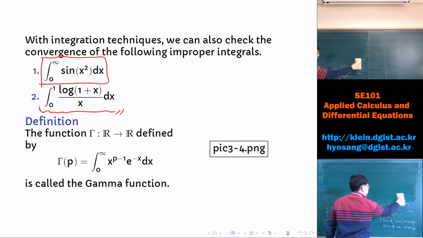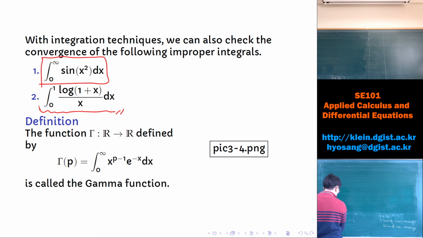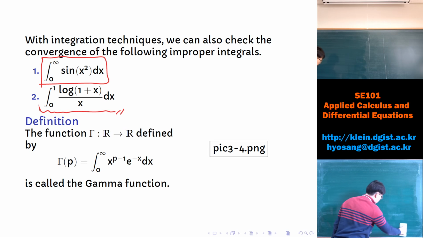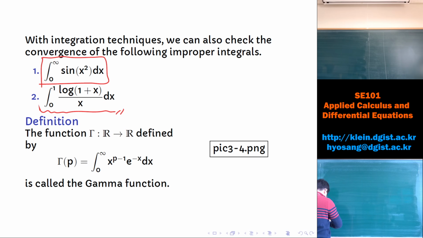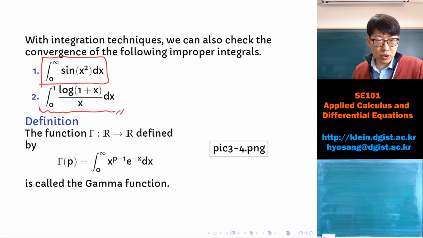We have a function defined as the value of an integral, but this integral is not a definite integral. It's an improper integral. You have to be careful that gamma is a function of p, not in terms of x. Okay, so p appears as a power in the integrand of this integral.